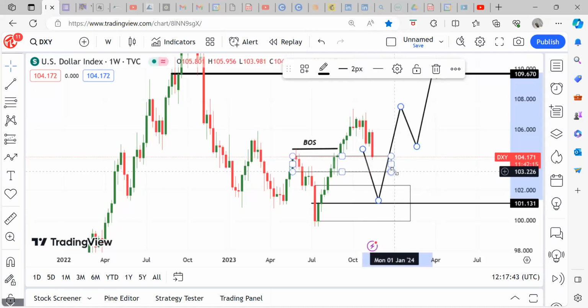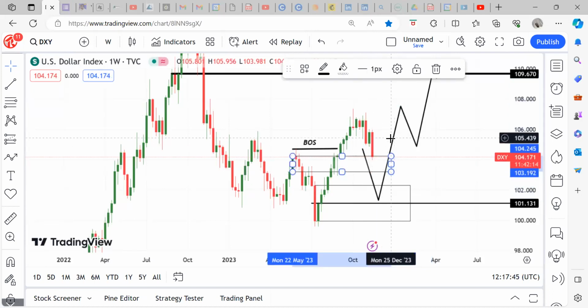So if this one decides to hold the price, if it decides to go up, of course, we'll see a reaction from this level in terms of a pullback and a break of structure on the smaller time frame, being the daily time frame or the 4 hours time frame.